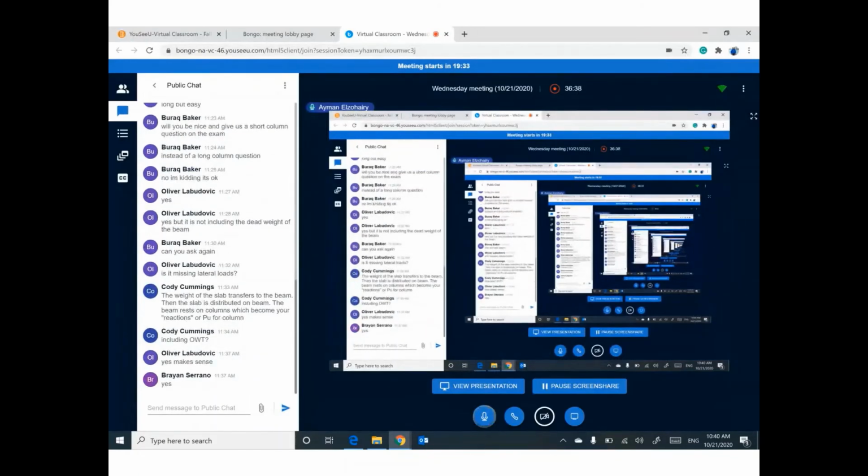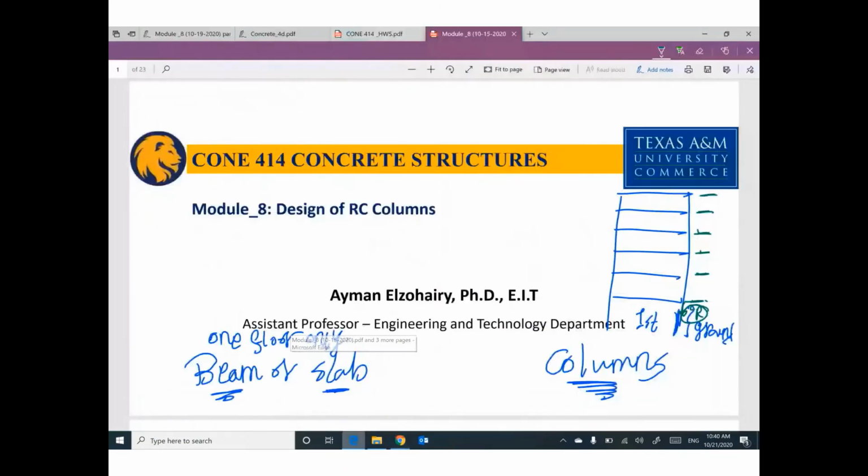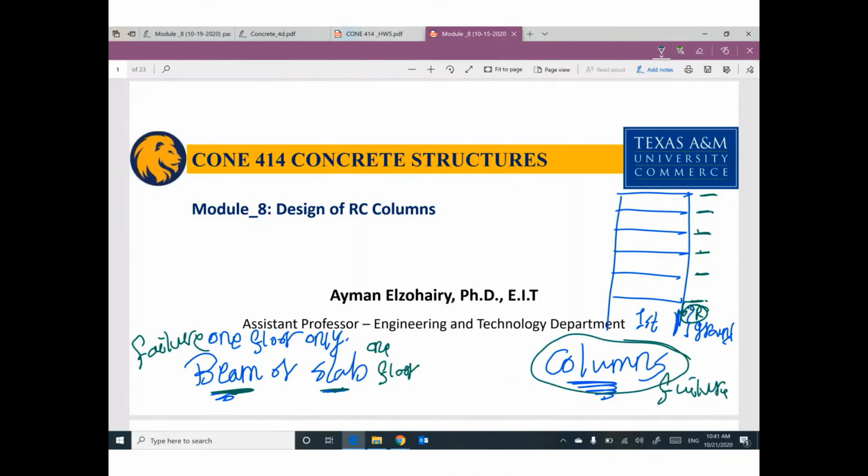So probably I will ask you another question during your interview for a job or something like this. Guys, what will happen if you have failure in a beam or slab in one floor? And what will happen if you have failure in a column? What is the difference? You will say, hey, both of them are failure.